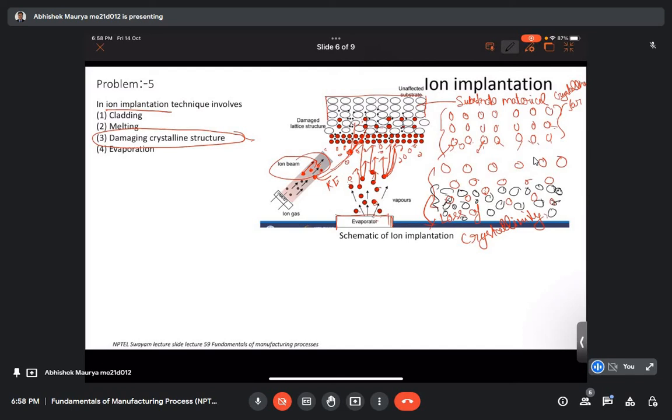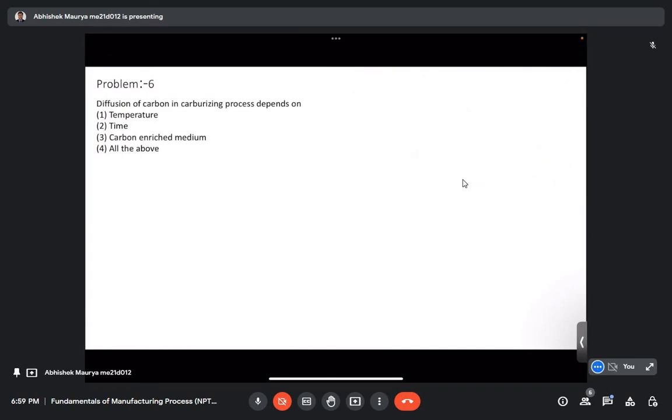So I have explained the solution. Still, if any of you have any doubt, please feel free to ask me. And if it's clear, let's quickly move to the next problem. Okay. Please read the question and try to find out the correct answer.